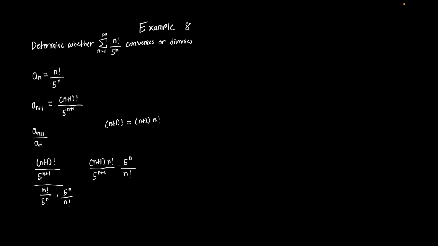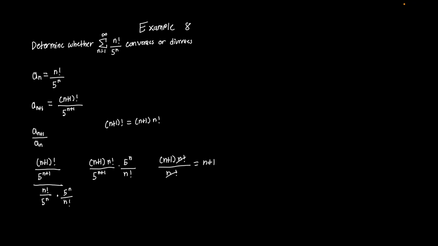We're going to have n plus 1 times n factorial over n factorial. These just cancel, so we're just left with n plus 1. So there's our first term that's simplified.